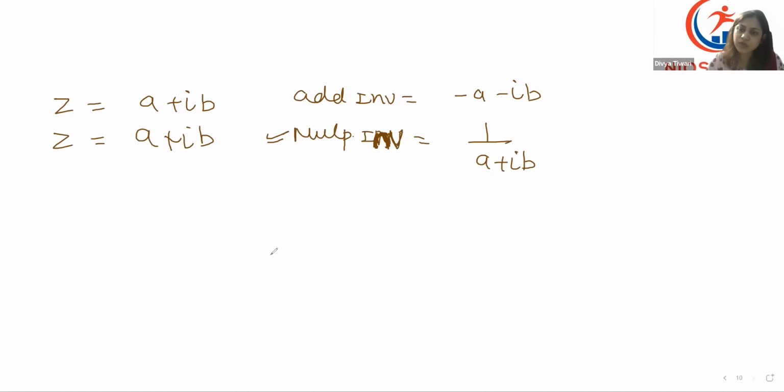Here, after this, we have to multiply by the conjugate in the denominator and in the numerator. Then what shall we get? We shall get a minus iota b upon a minus iota b.